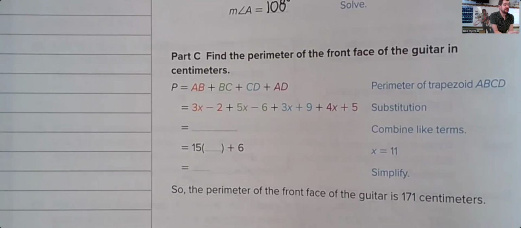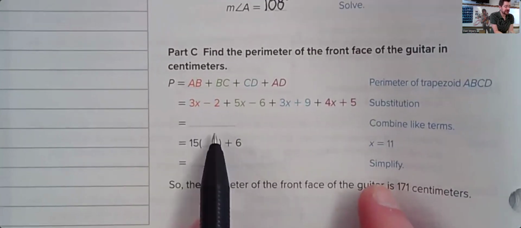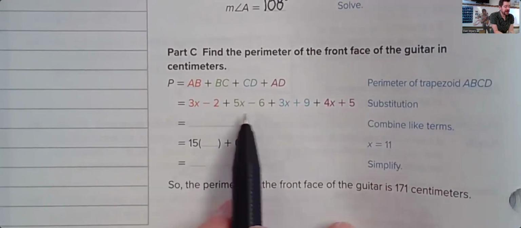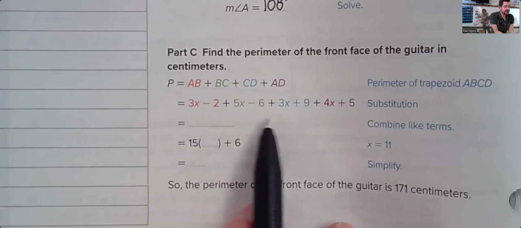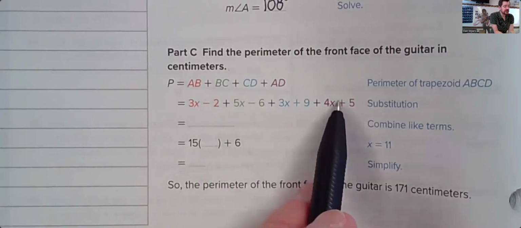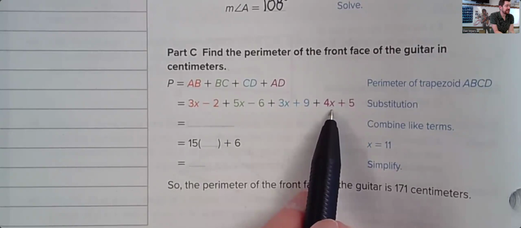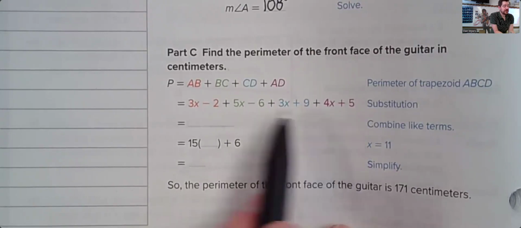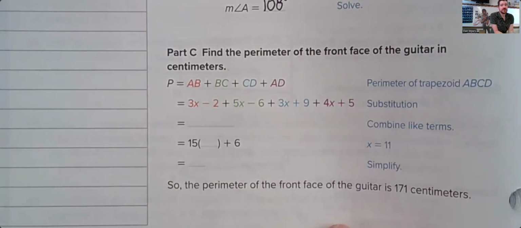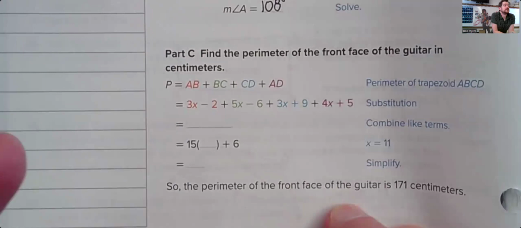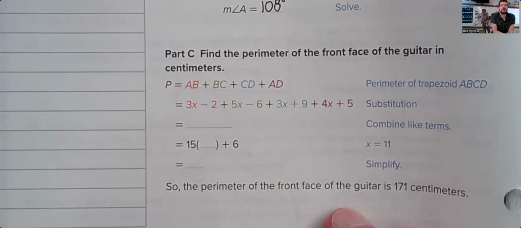11. Yeah, okay. And then let's combine like terms first though. So 3 plus 5 is 8. 8 plus 3 is 11. 11 plus 4 is what? So add up all the x terms together. What do you get? 3 plus 5 plus 3 plus 4. 15x.